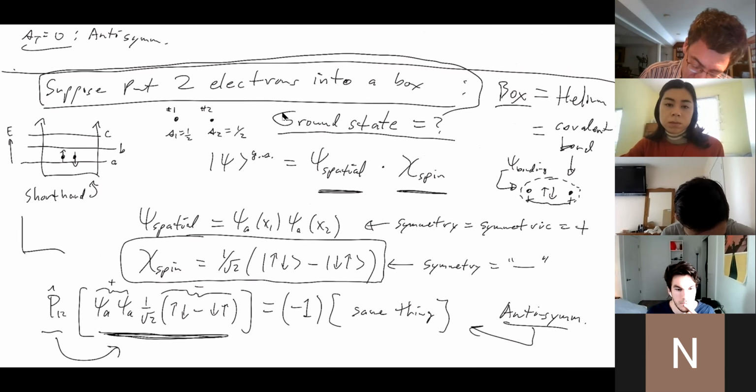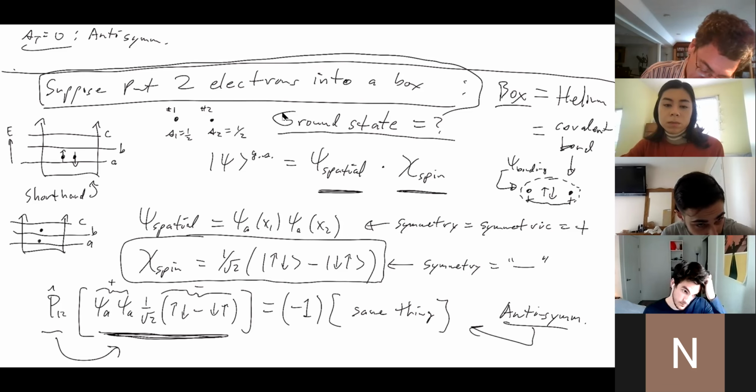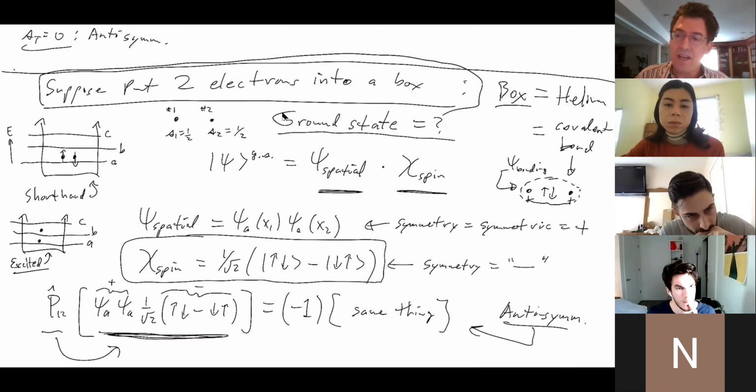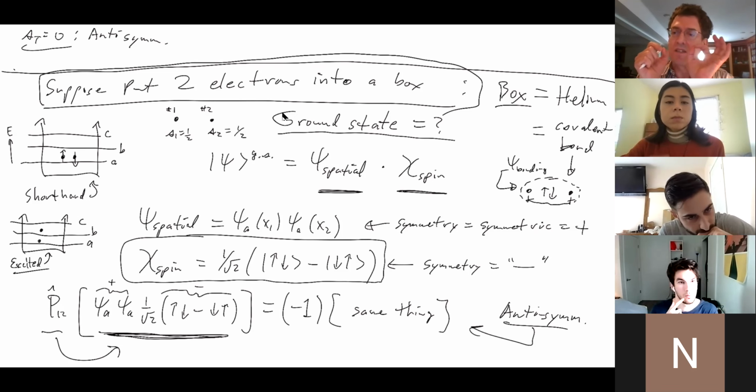For example, if I would have put them into A, B, C like this, that's an excited state. Do you see what I'm saying? So the lowest energy state had them both in the A state.